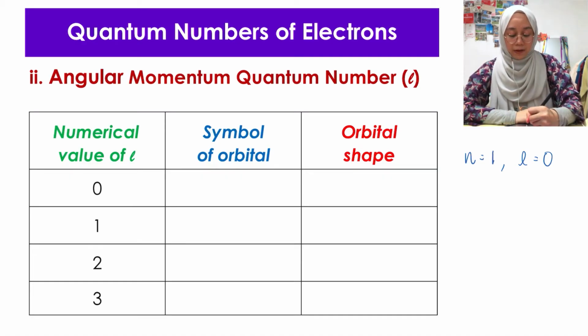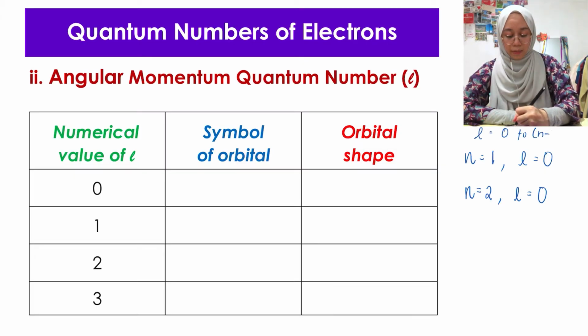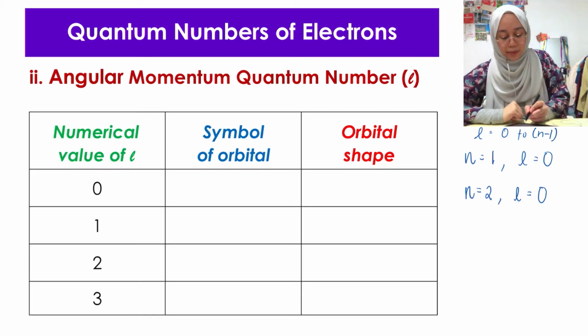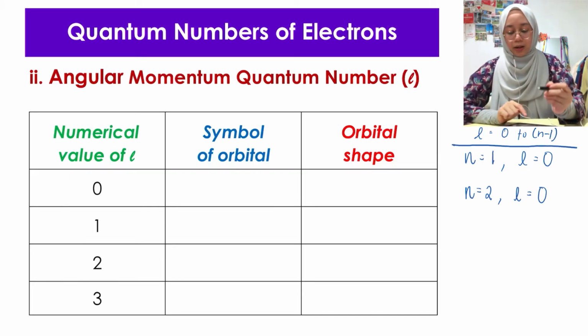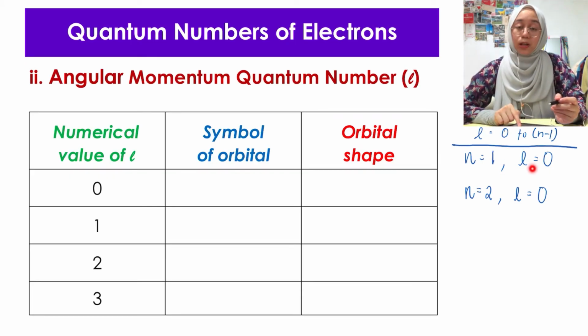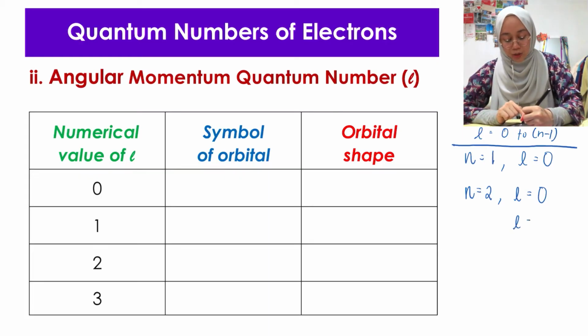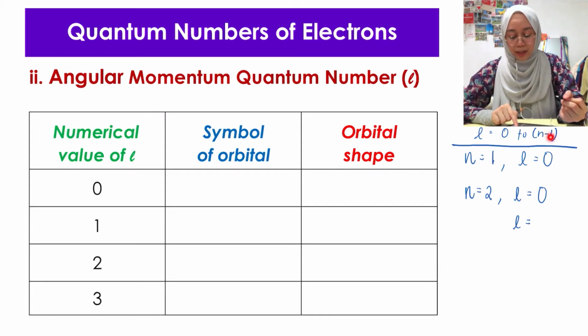Tapi if n kita equals to 2, then possible value dia, sekali lagi dia start with 0. Kamu kena ingat because L tadi adalah the range dia adalah 0 until n minus 1. So basically if n equals to 1, the only possible value untuk L is 0. Tapi bila n equals to 2, possible value dia, again 0 tu akan ada juga, tapi dia akan ada satu lagi value, n minus 1, kalau kita masuk n ni 2 minus 1, kita dapat 1.